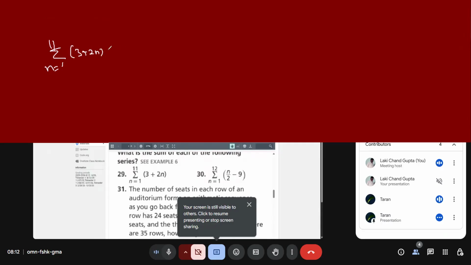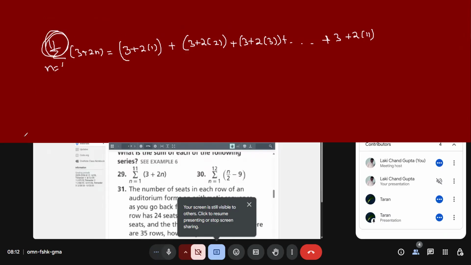So your n starts from 1. 3 plus 2 into 2, and so on, up to 3 plus 2 into 11. Here you will stop because the last value of n is 11.